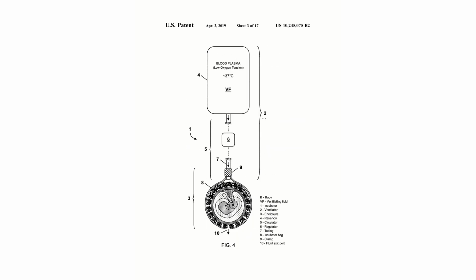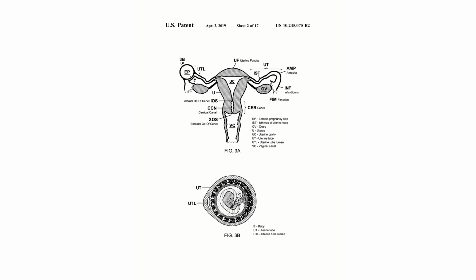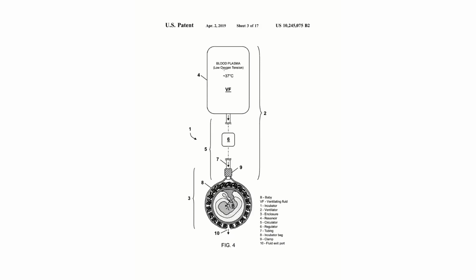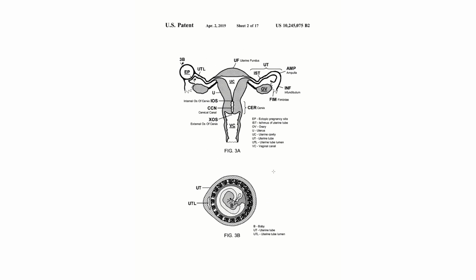What happens in a secondary ectopic pregnancy is that the fallopian tube here in figure 3A will burst, and the baby will travel into the mother's abdomen and then attach somewhere, maybe to the outside of the uterus, any place where there's enough blood flow for the baby to be ventilated.